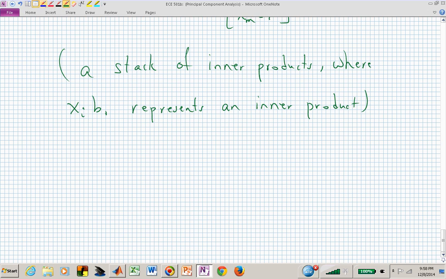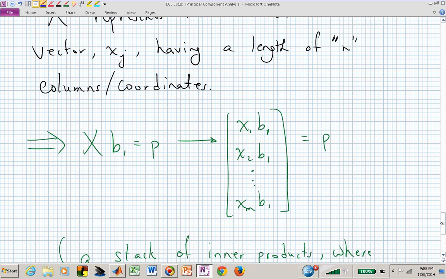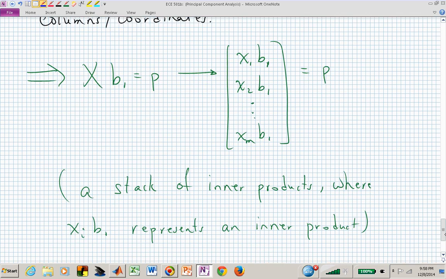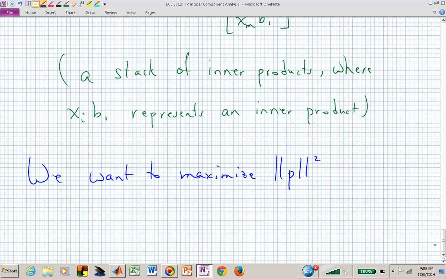Again, what we want to do is maximize the resulting vector. We're trying to pick b1 such that it aligns as best we can with all of these measurements, x1, x2, x sub n, which means we want to maximize all of the coordinates in this column vector p.